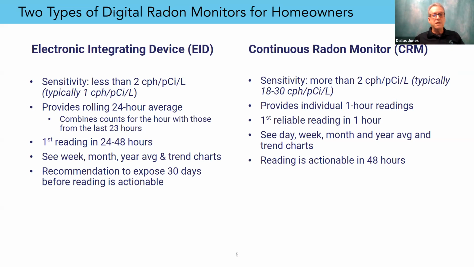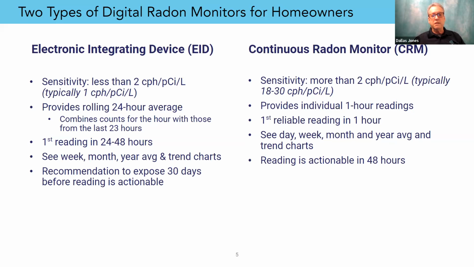As we talk about devices that could be used for this, I want to make a distinction that not everybody's aware of, and that has to do with the type of device that you would install for a consumer. One of them is an electronic integrating device, and the other is an actual continuous monitor. The distinction has to do with the sensor counting efficiency, sometimes referred to as sensitivity.